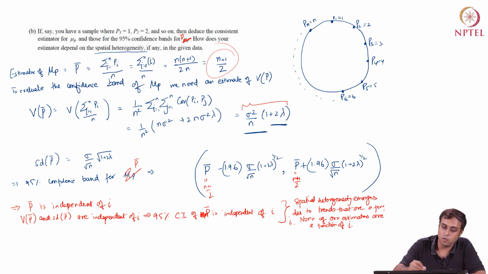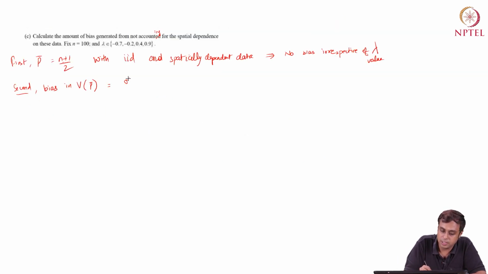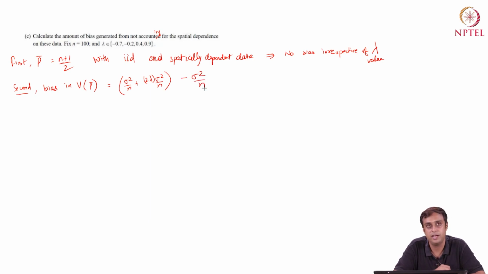So we have sigma squared over n plus 2 lambda times sigma squared over n, which is the spatially dependent case, minus sigma squared over n, which is the spatially independent case. And hence the bias is 2 lambda sigma squared over n.